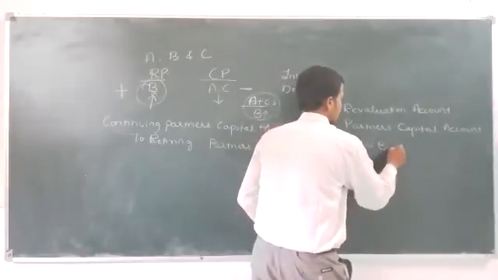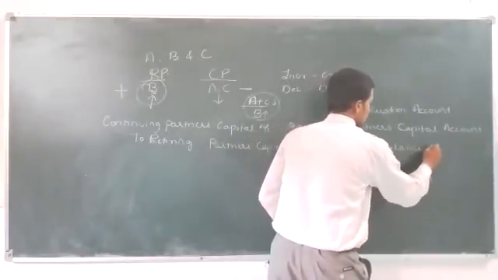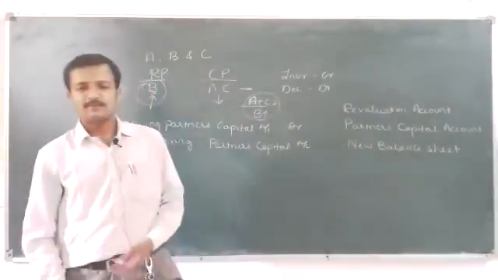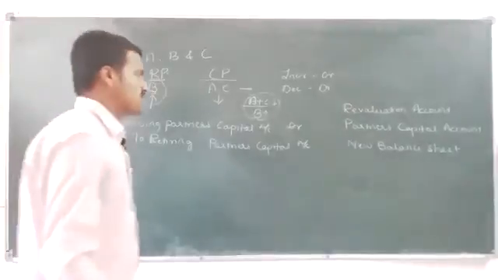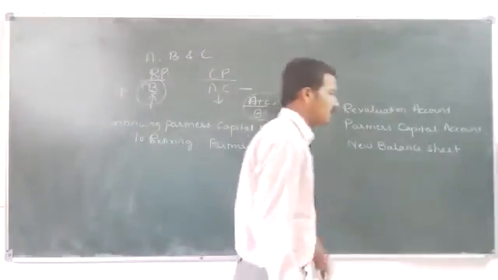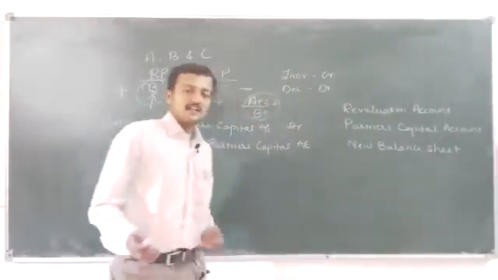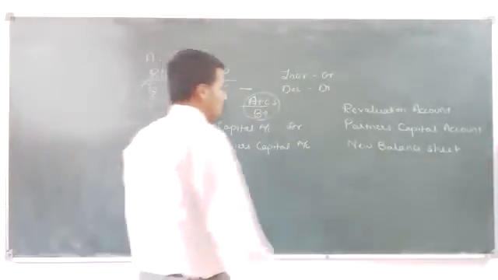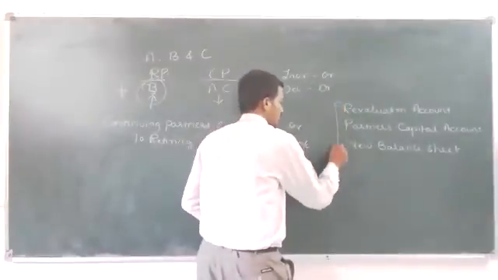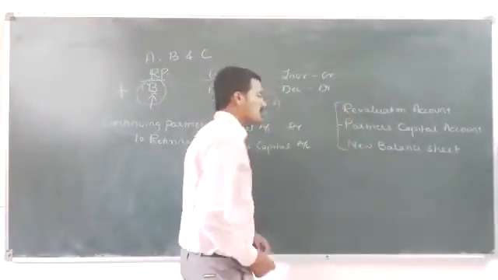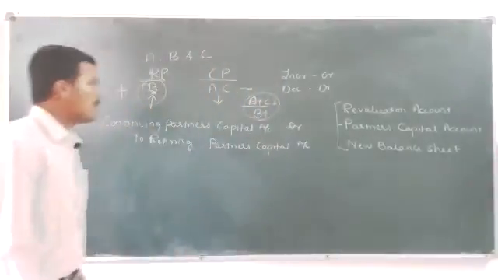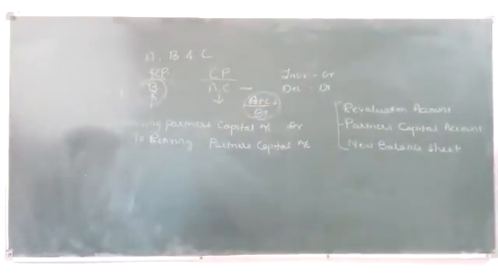These are the same accounts which you prepared under admission, and here also they remain the same, only with a few changes in the adjustment and approach, because there one partner was added, and here one partner is retiring. Otherwise, the concepts and accounts remain the same. Now, moving to the problem.